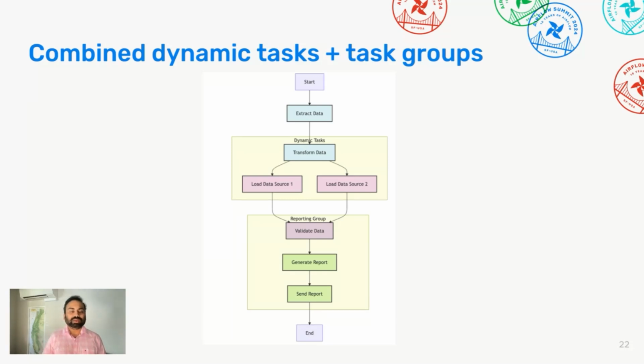Then we have a reporting group, which can be logically grouped into a task group. We have validate data, generate report, and send report as a reporting task group. So this is a way of demonstrating the combination of task groups, parallelism, and dynamic tasks within a single example.